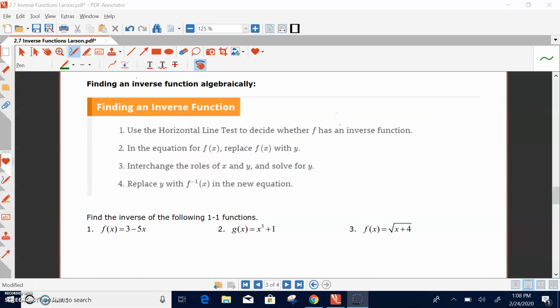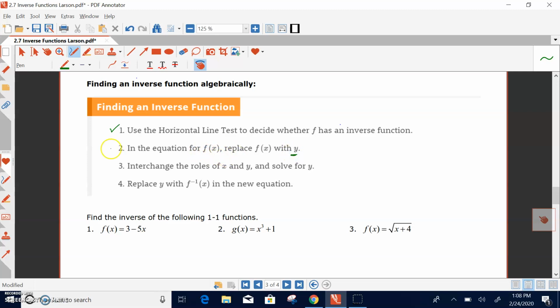You may not always be able to tell by looking at a function what the equation of its inverse actually is. So here is how we're going to find an inverse function algebraically. We're going to first use the horizontal line test to make sure that it is one-to-one. In the equation, we're going to replace f of x with y.